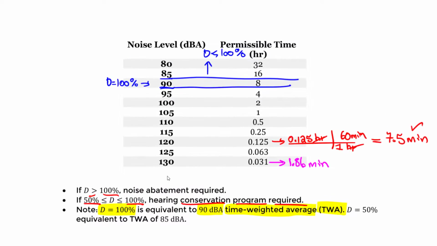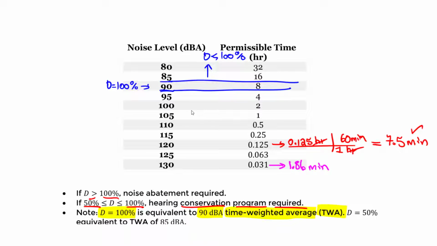But if we calculate D to be above 100%, we know that in that case it's above 90. It's 95, 100, 105, and so on. And that's the TWA, the time weighted average value, which we can calculate using an equation that is not in the handbook, just note.